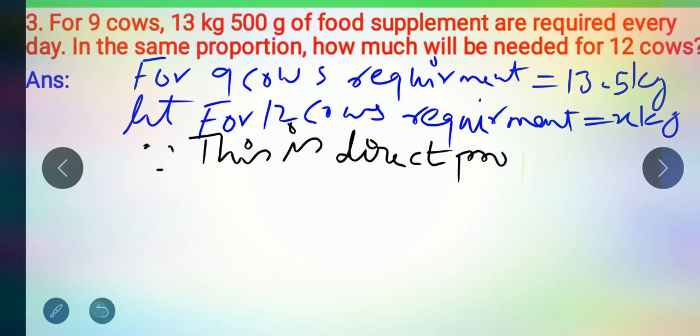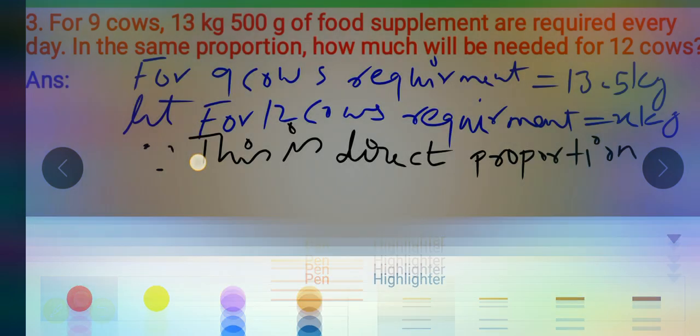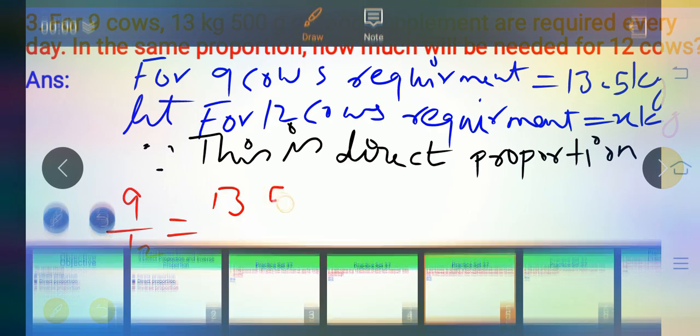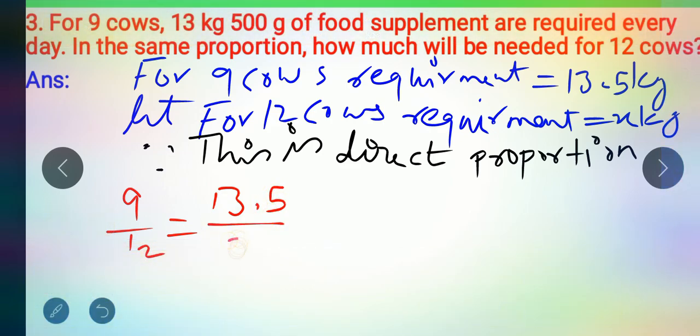direct proportion. The ratio is equal: 9 upon 12 is equal to 13.5 upon x.